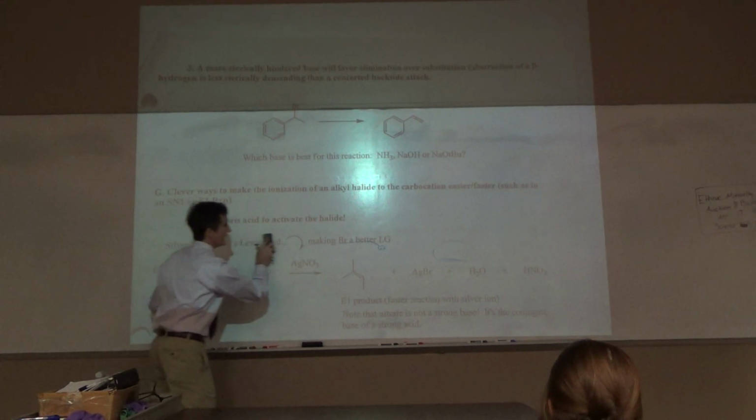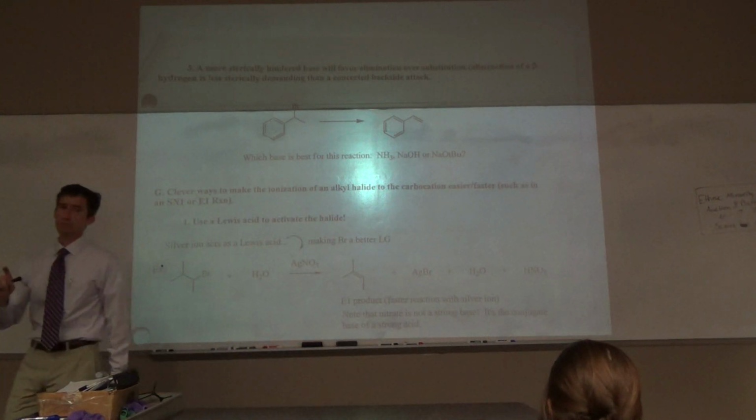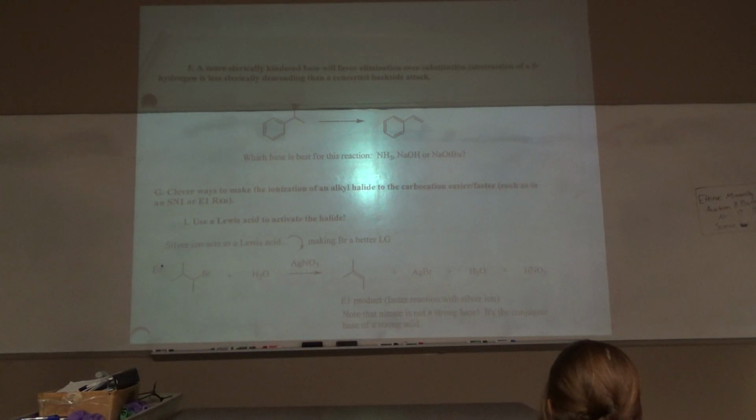We can use a Lewis acid, not a proton acid. You don't make halogens better leaving groups by protonating them with acid, not proton acid. But you can use a Lewis acid, and you all know what a Lewis acid is, right? What's the definition of Lewis acid?